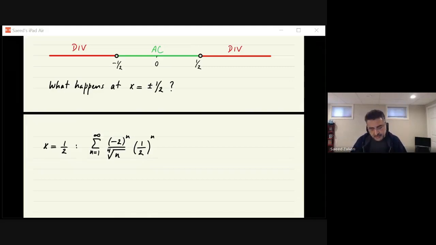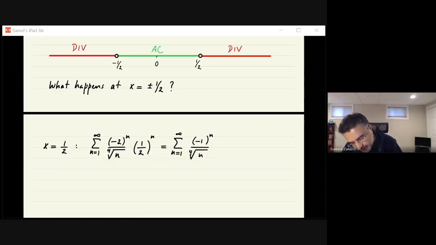Right? This is what I get. And when you simplify this, you have a 2 to the n on the bottom, 2 to the n on the top. You get sigma n from 1 to infinity. You're left with -1 to the n on the top and 4th root of n on the bottom, because this 2 to the n on the bottom cancels the 2 to the n on the top.